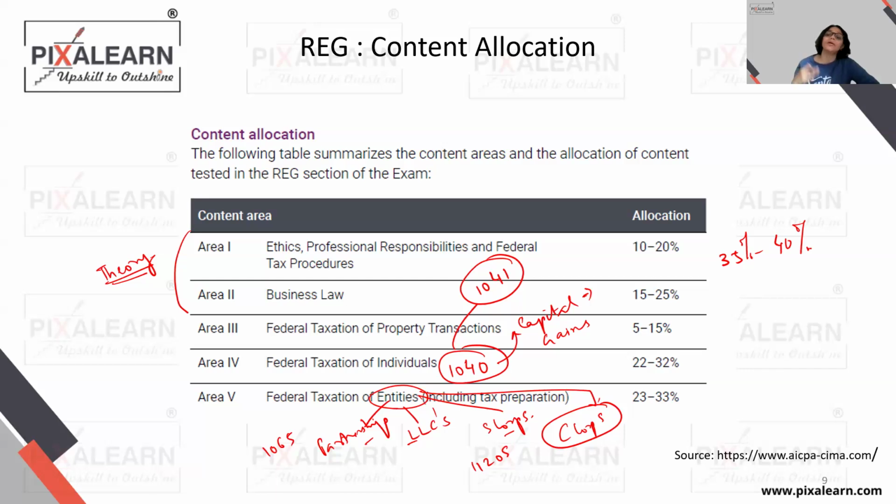But here the concepts kick in. So my suggestion is, let's start with individual taxation so that you can keep revisiting and revising those topics. Then when you go to entity taxation, we'll go on concepts. By that time, you will just revise your individual taxation. So by the time you write your paper, you should be really sorted.